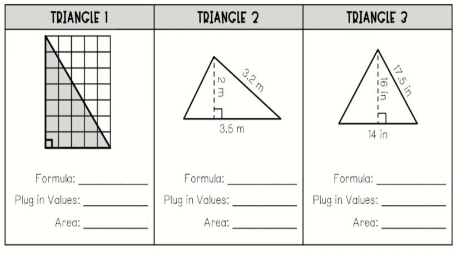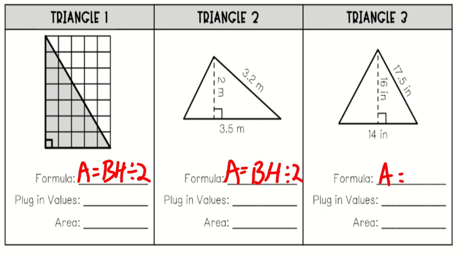All right, so if we look further down your sheet, you got these 3 triangles. All right, so what is our formula? A equals BH divided by 2. That's going to be the same for all these. Triangle 1, what do I have for my base? 5.